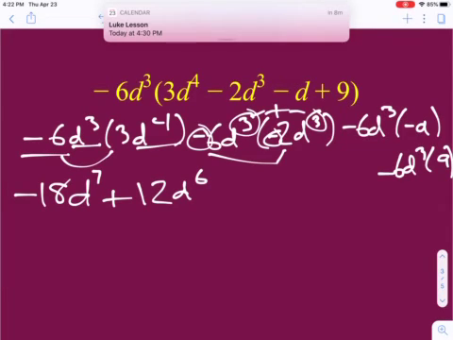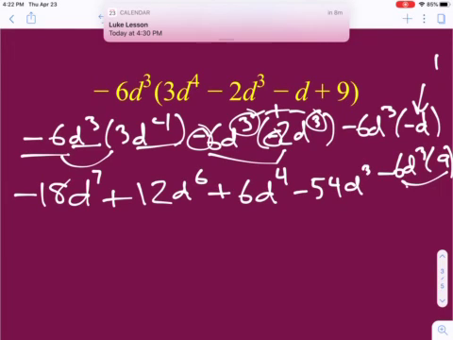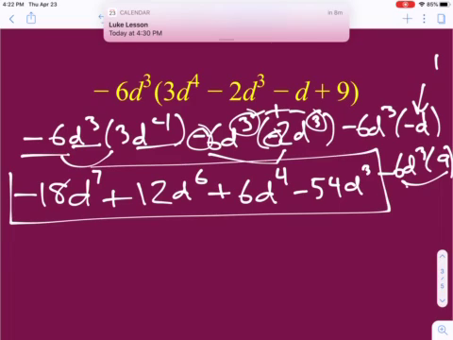Okay, then you have negative 6d cubed times negative d, so that's going to be plus 6, because if it doesn't have a coefficient, it's 1. And then do your d's, so your d would be 4. And then negative 6 times 9 is negative 54, and then just d cubed. All right, so that would be our finished answer.